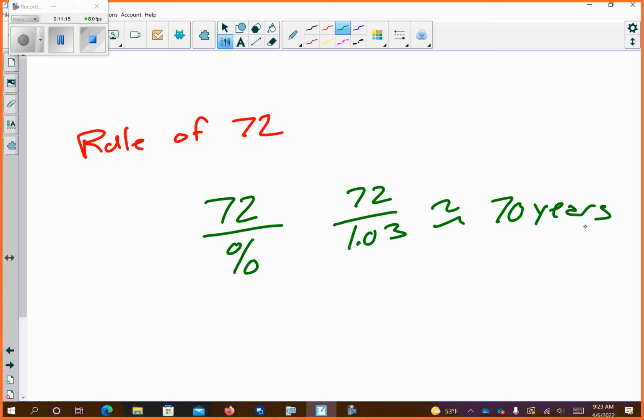There's an awful lot of life that takes place from when you invested to 70 years later, including the cost of living, which for the most part ranges anywhere from 3 to 4% a year. So right now these days, this is higher because we are in a huge inflation. And you're like, where does the inflation take place? Have you seen the gas pumps?